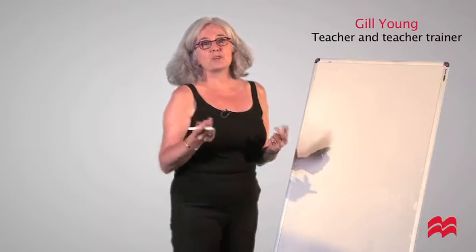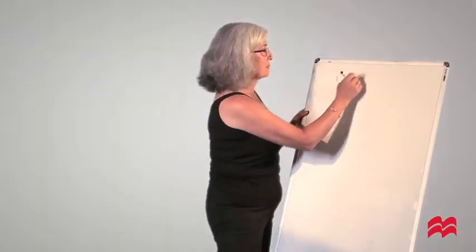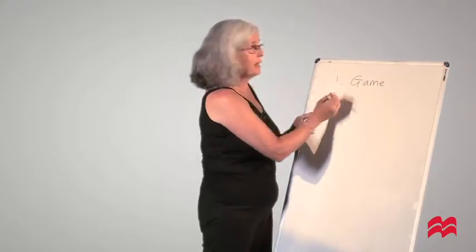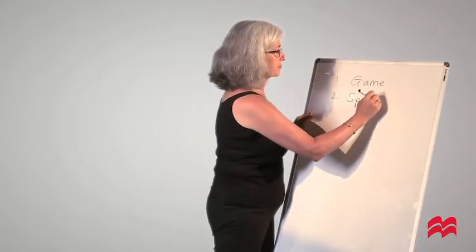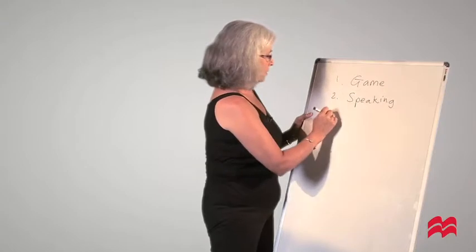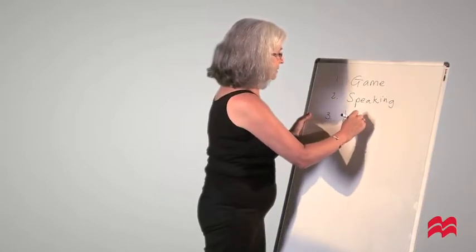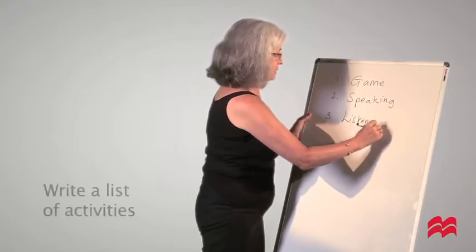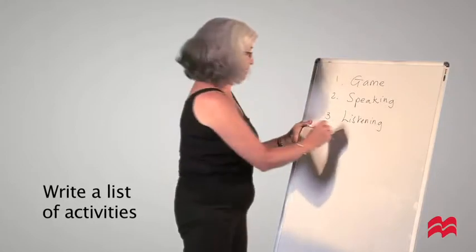One of the things I do in my class for reflecting on your own learning is, at the beginning of the class, I write down what the children are going to be doing during the class. For example, we might start with a game and then lead on to a speaking activity, which may then lead on to a listening exercise, which may then be followed by some work from the activity book.